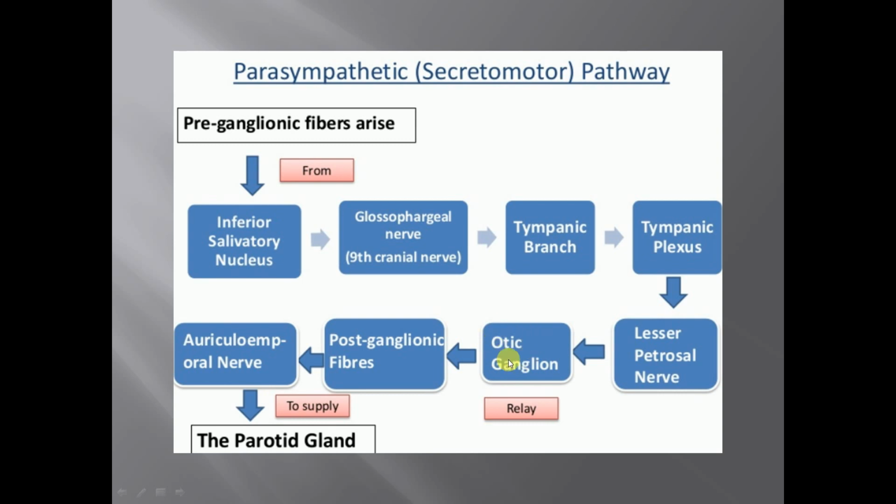The otic ganglion is a collection of neuronal cell bodies, and then the auriculotemporal nerve carries the parasympathetic fibers from the otic ganglion to the parotid gland. Parasympathetic stimulation causes an increase in saliva production.